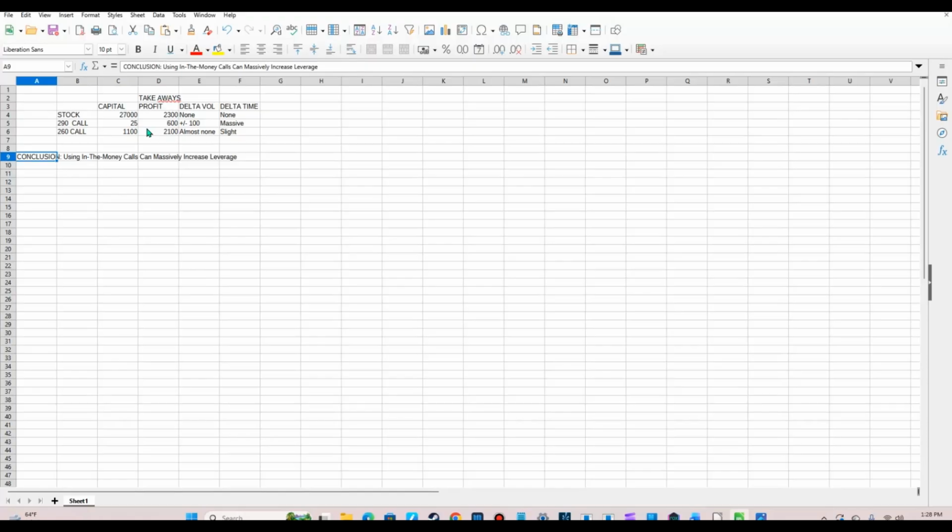Please let that sink in. A person buying 100 shares would pay almost 25 times what you'd pay by using an in the money call, and the profit would be almost the same at the particular price that we showed there.